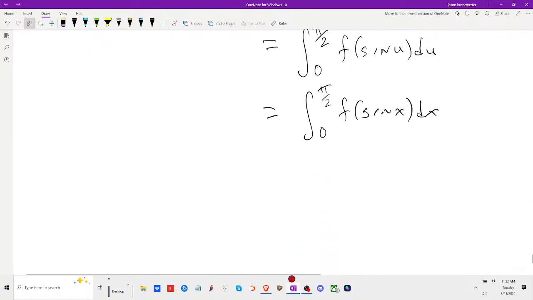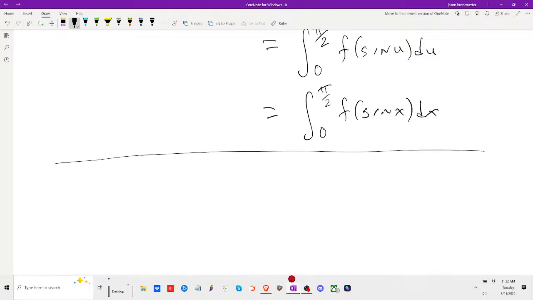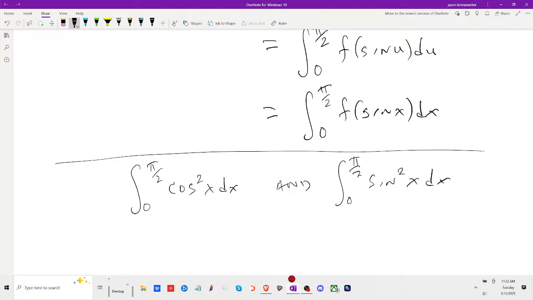Okay, now there's a part B to this. Part B says to evaluate the integral from 0 to pi over 2 of cosine squared x dx and the integral from 0 to pi over 2 of sine squared x dx.